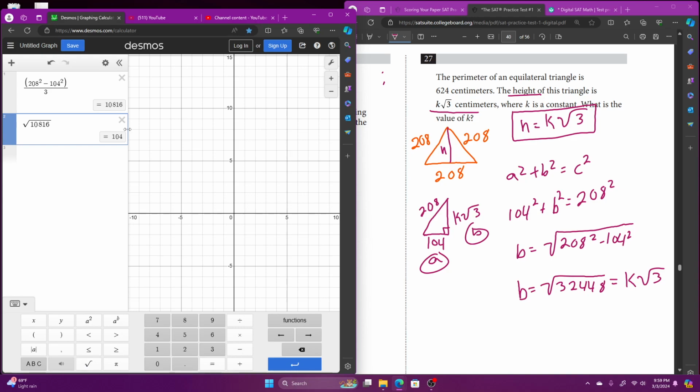So our rules for working with those radicals, right? That our answer is going to be 104.